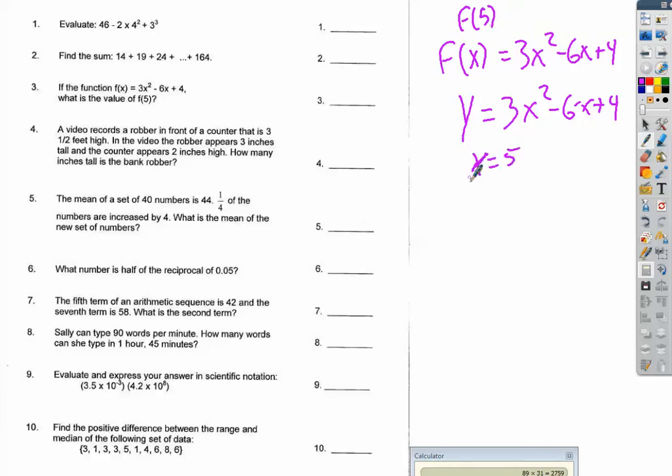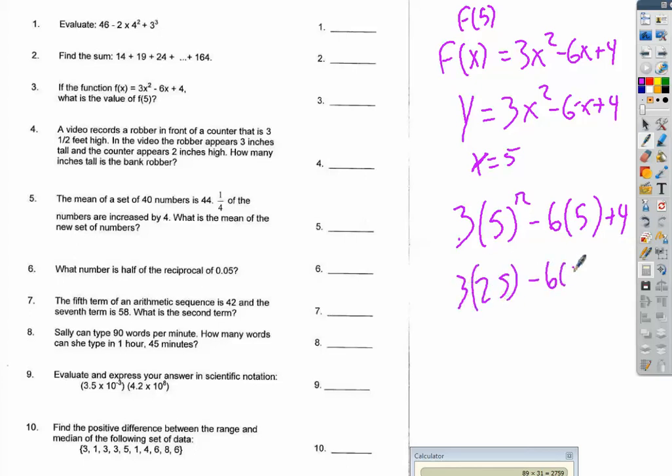So instead of x, I'm going to write 5. So I'm going to rewrite the problem. 3 times 5 squared minus 6 times 5 plus 4. Please excuse my dear Aunt Sally says we do exponents first, but 5 squared is 25 times 3 minus 6 times 5 plus 4.